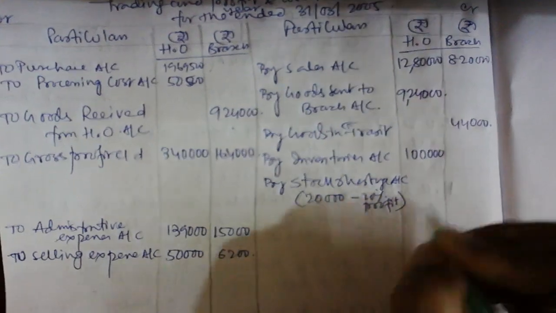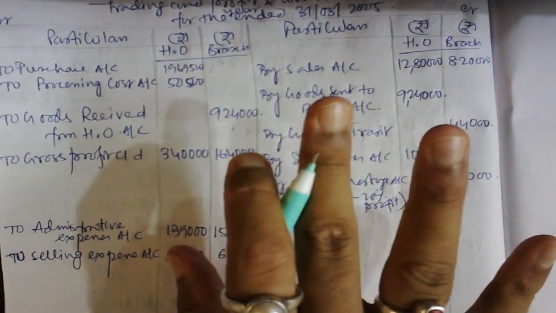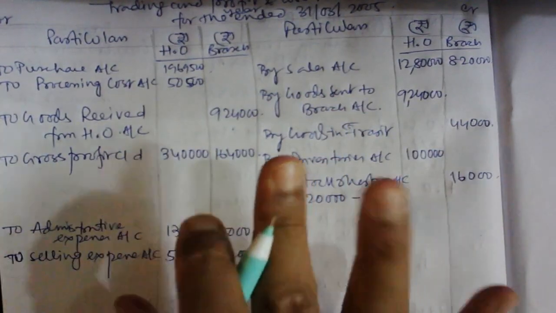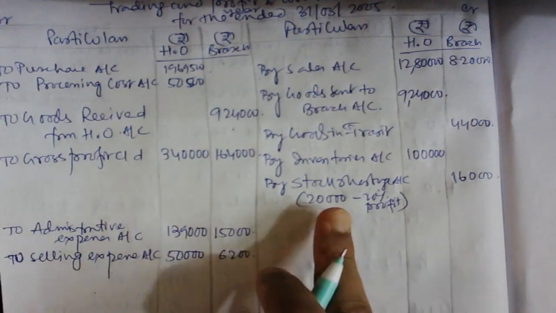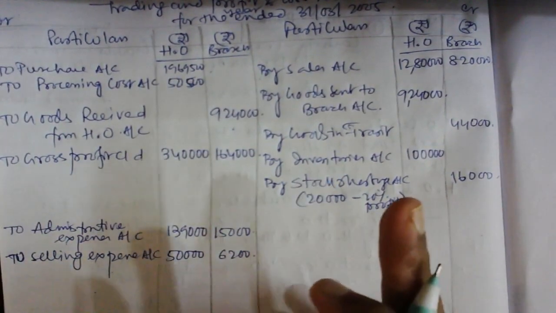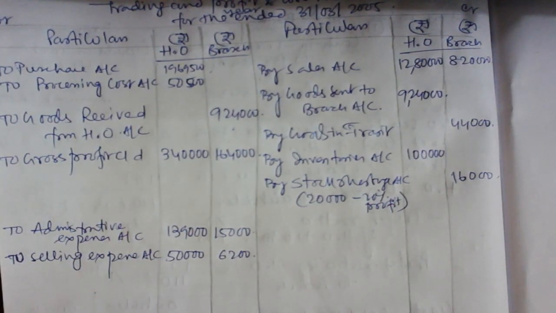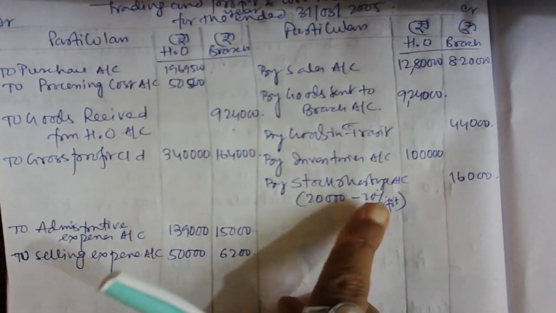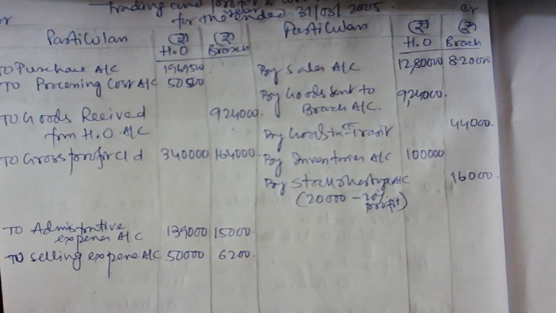So we can show 16,000 in the branch account. 20,000 is the total goods that is lost, but this 20,000 is valued at cost plus 20% profit with respect to the branch. So we need to deduct it, and then cost will be shown here as 16,000.